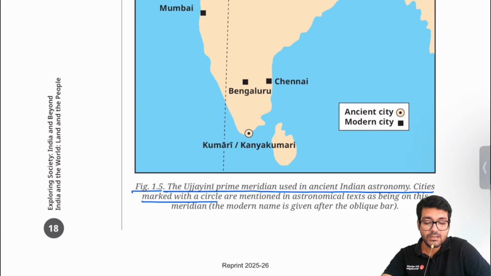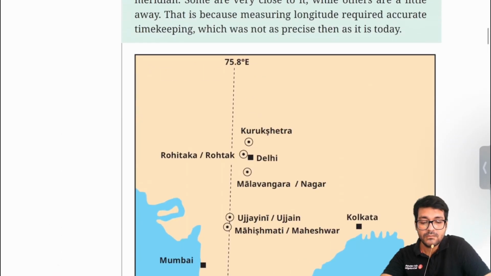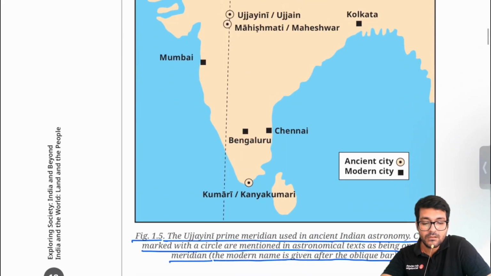Cities marked with a circle are mentioned in astronomical texts as being on this meridian. The modern name is given after the oblique bar. You can see here 75.8 degree east longitude, also known as Ujjaini meridian. This symbol shows ancient city and this modern city.